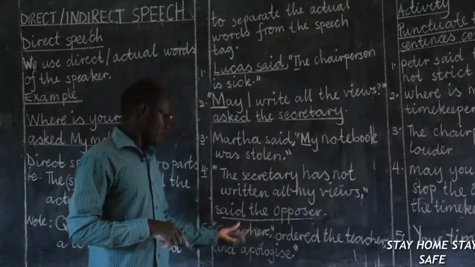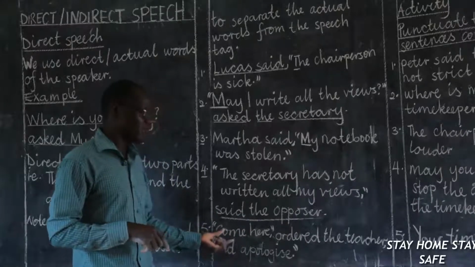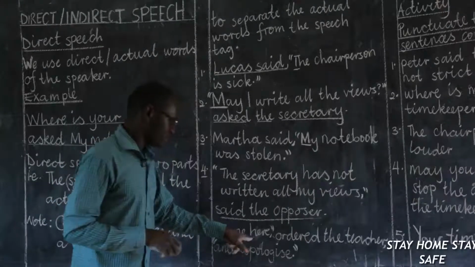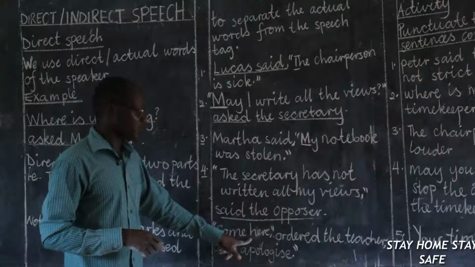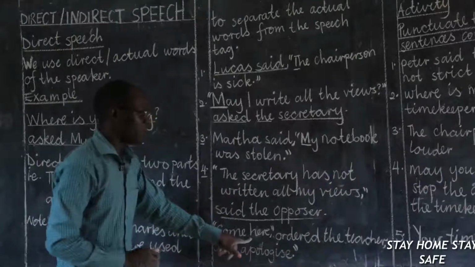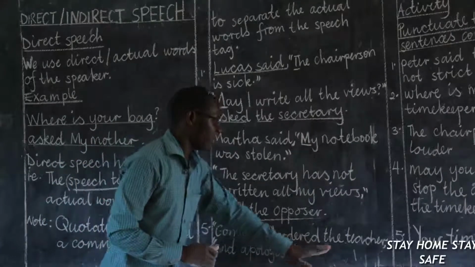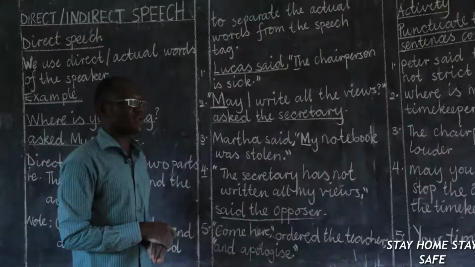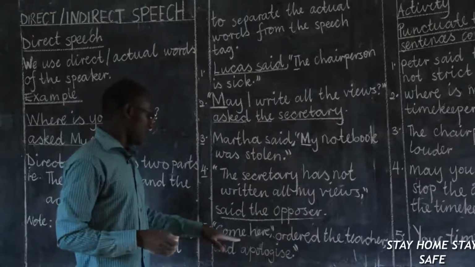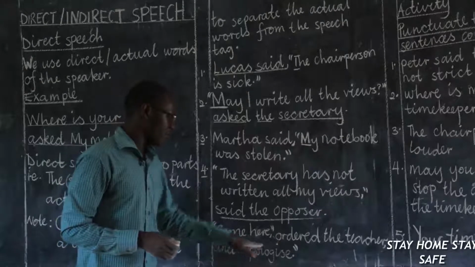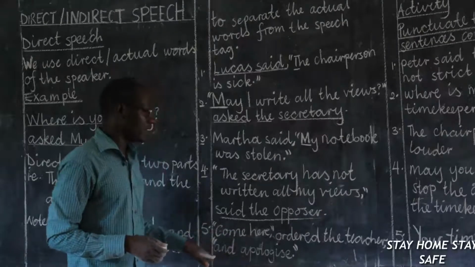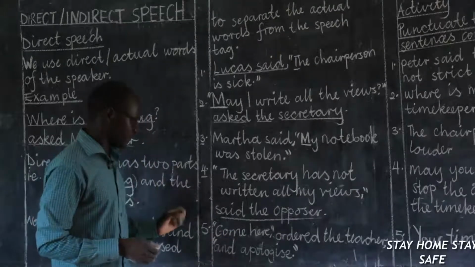Therefore, when we come to number 5, it is a bit different, in that we have our speech being interrupted and we put our speech tag amidst the actual words. When we put the speech tag amidst the actual words, these are the things we must follow.